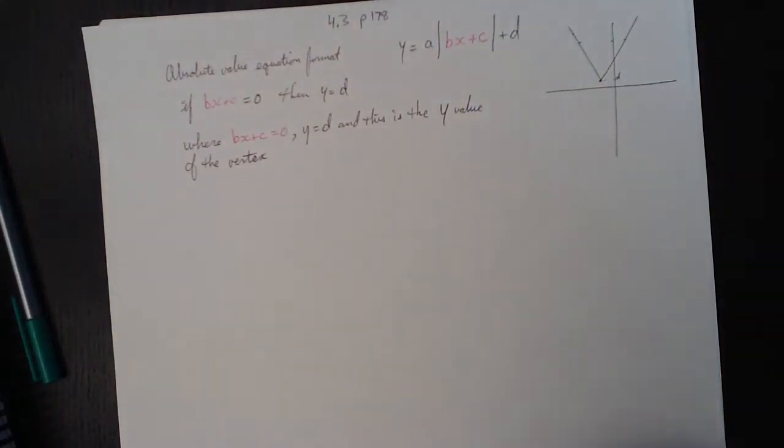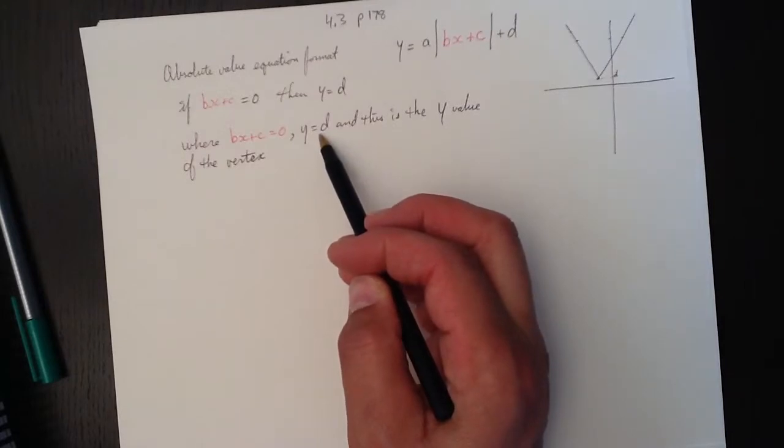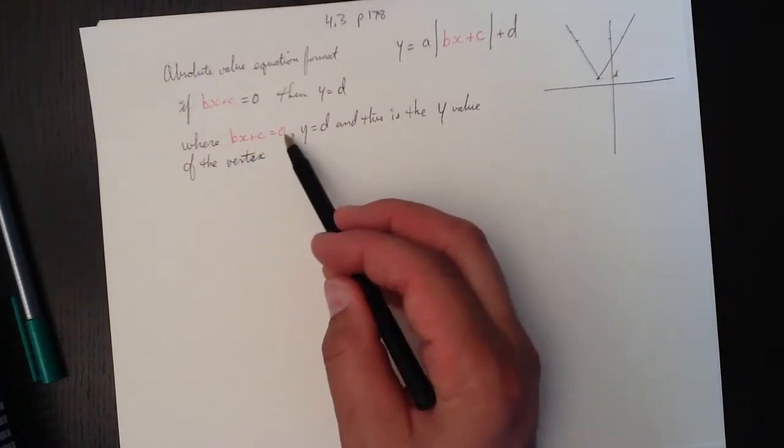Now there are two things there. One is that y value of the vertex can be recognized if bx plus c equals 0.